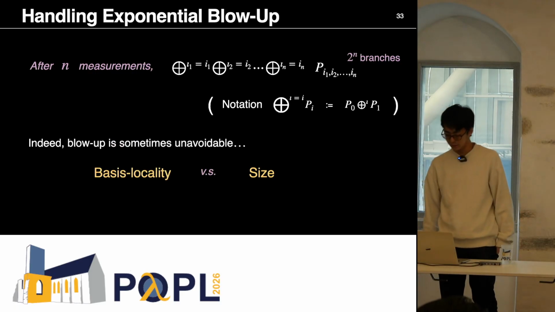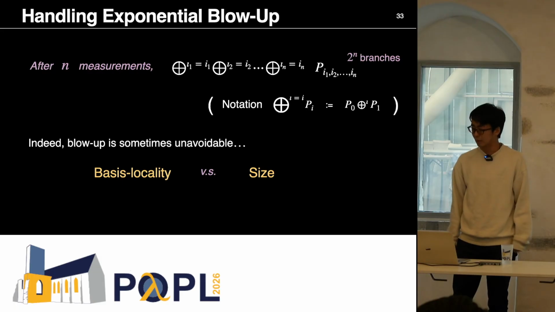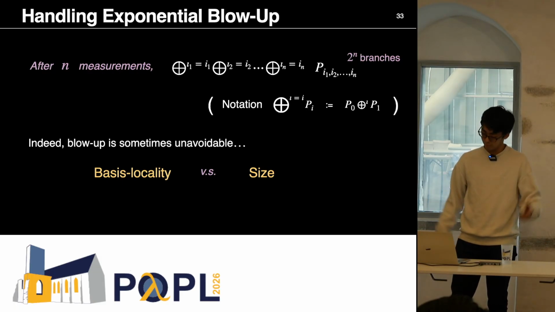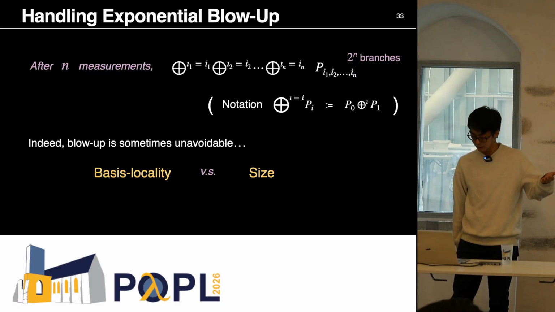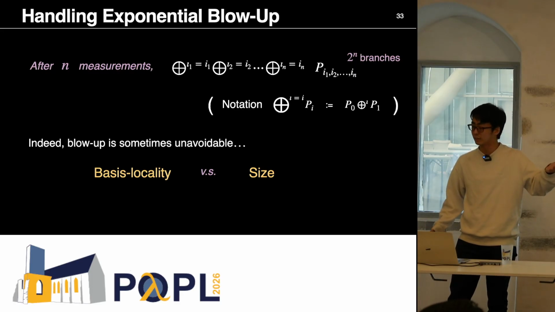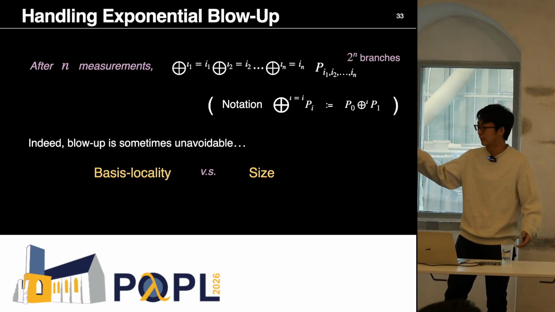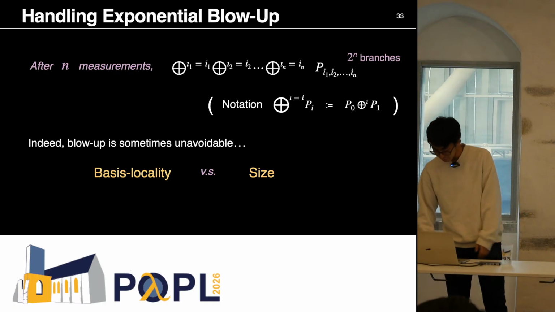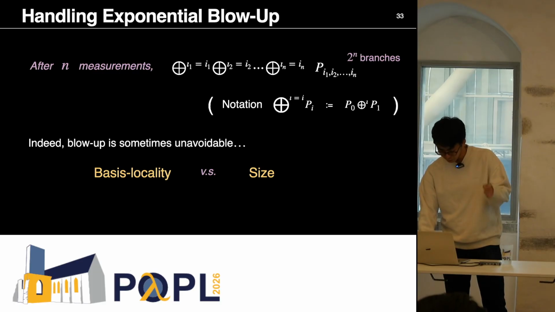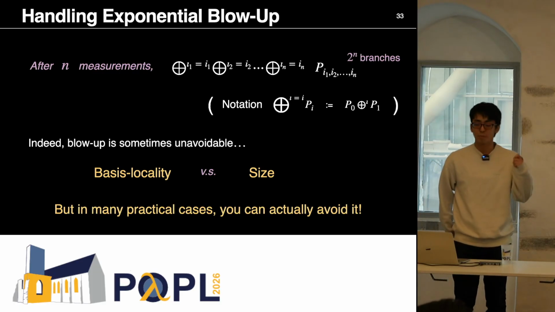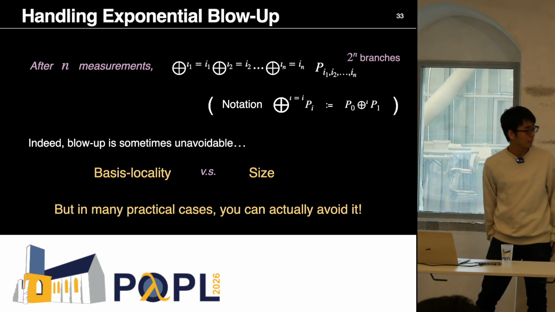And indeed, blow-up is sometimes unavoidable. So sometimes you might need to give up basis locality or scalability of size. That's actually true. However, what I want to say here is that in our paper, we presented a lot of case studies.